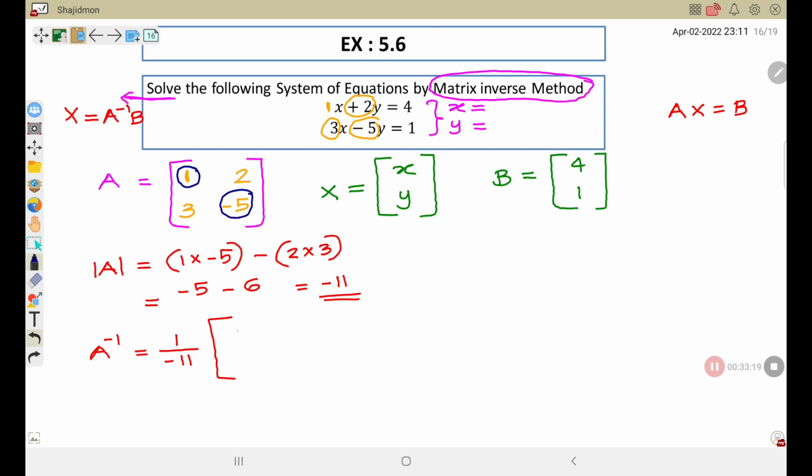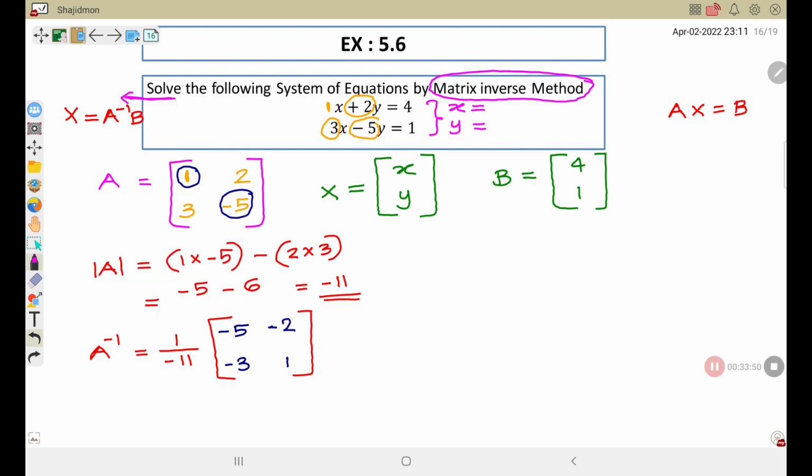We are interchanging those two numbers. Minus 5 is here and 1 is here. Off diagonal numbers put opposite sign, correct? 2 becomes minus 2, 3 becomes minus 3. Okay, this is the inverse of that matrix: 1 over minus 11 multiply the matrix with minus 5, minus 2, minus 3 and 1.